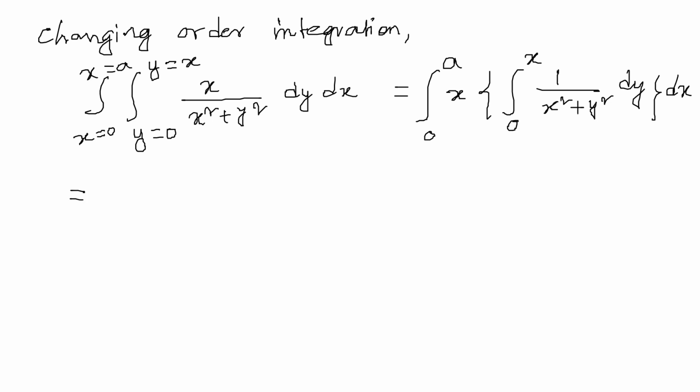Now look at this. It is 1 by x square plus y square, and you are going to integrate with respect to y, so x is kept as a constant. We have already seen the integration in the form 1 by a square plus y square, so that concept we are going to use. In general form we already know it, and here x is constant, so we apply that formula.